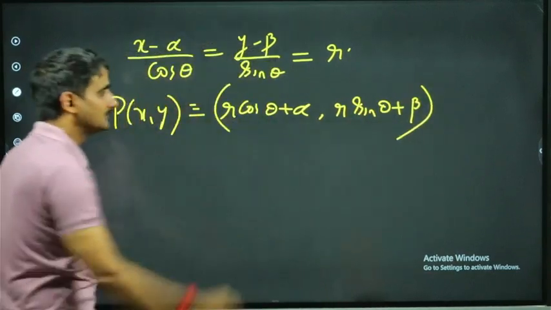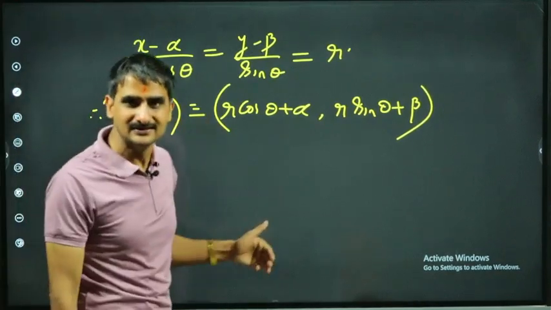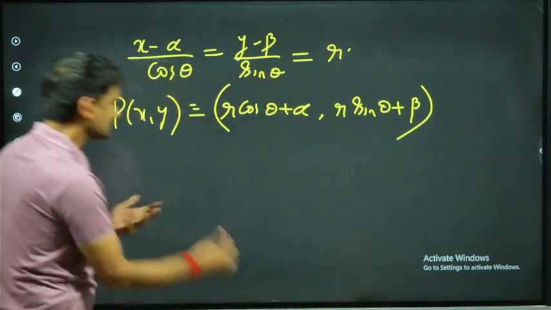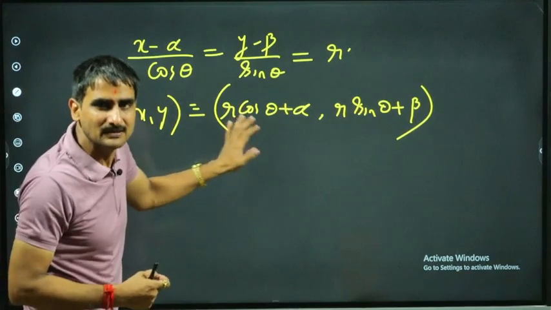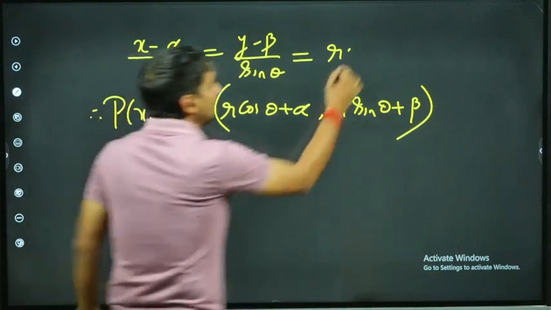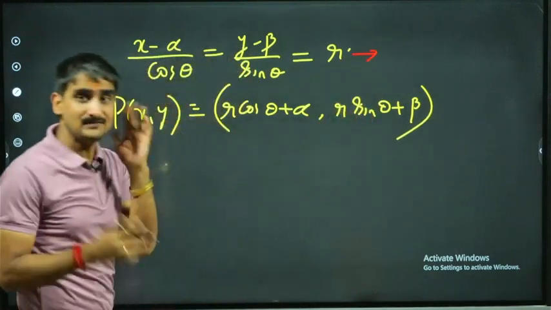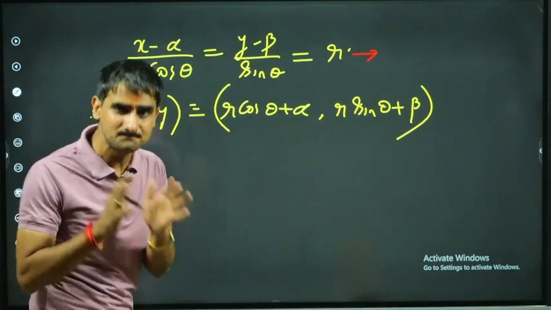So that's it. Now see, does this line intersect the given circle? These points must satisfy the circle. So for the points of intersection, we need to satisfy this variable point in terms of r being the parameter. So what is r? See, r is nothing but the distance of any variable point (x, y) from the fixed point on the line, which is (alpha, beta).